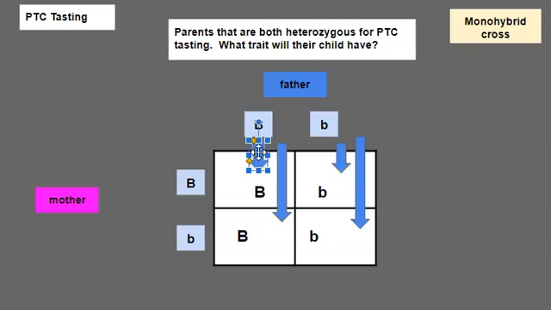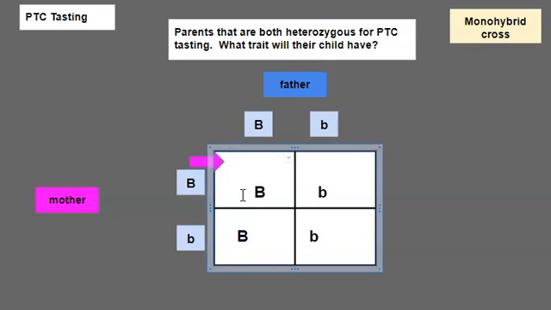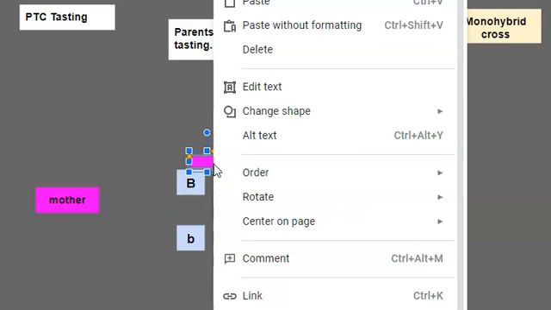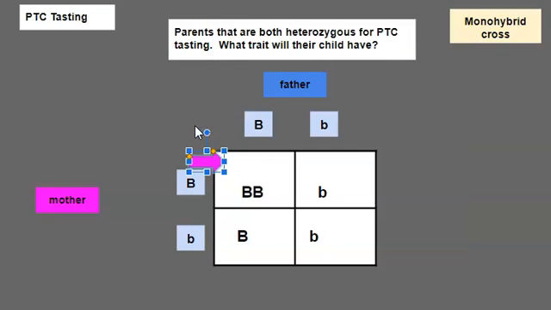Now let me get rid of these arrows. And we're going to do the same thing with the mother's alleles. So the mother's big B allele is going to travel to this box. And her allele will also travel to the second box.